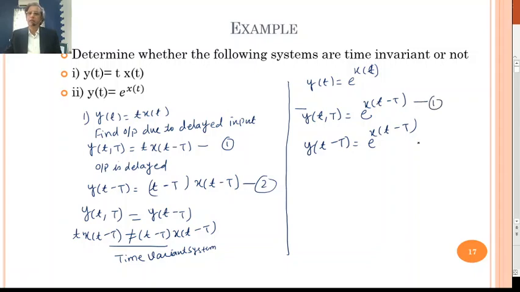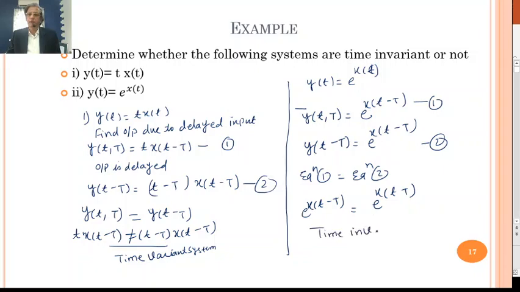This is equation 1, output due to the delayed input, and equation 2, output is delayed. As equation 1 equals equation 2, e^x(t-T) equals e^x(t-T). Both sides are the same, left hand side and right hand side are equal, and the given system is a time invariant system.